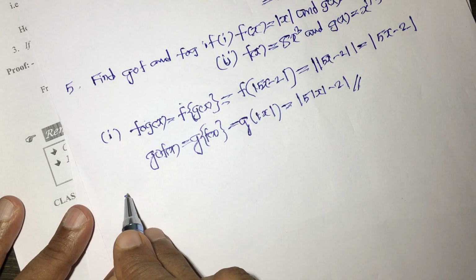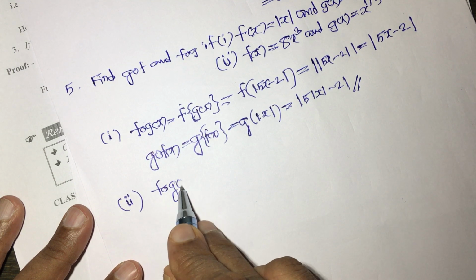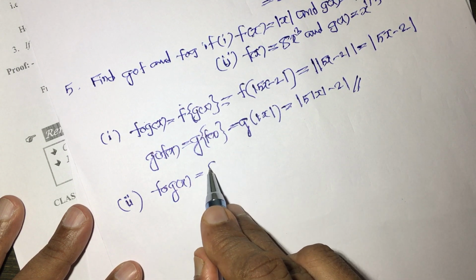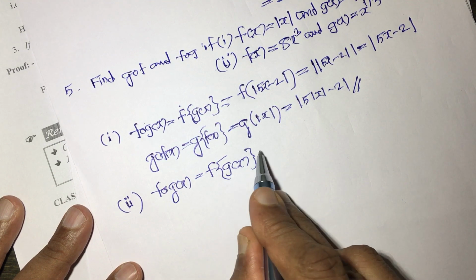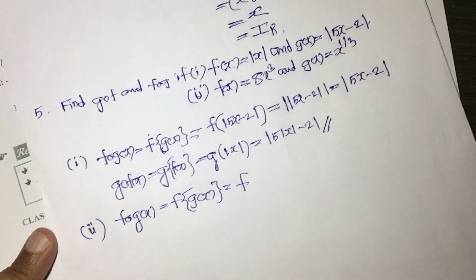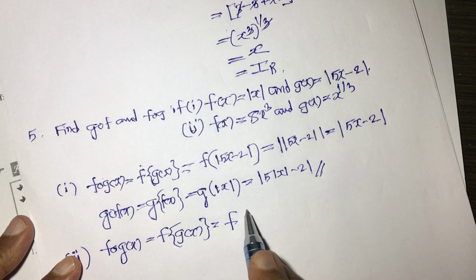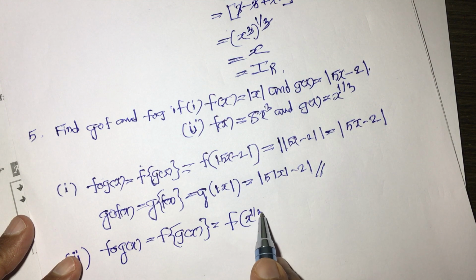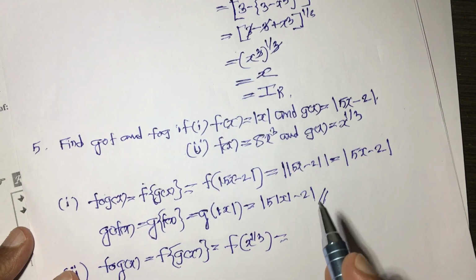Now I take the second one, f composite g of x, which is f of g of x. f of g of x, I put the value, which is x raised to 1 by 3, and f of x raised to 1 by 3 means f of x is 8x cube.